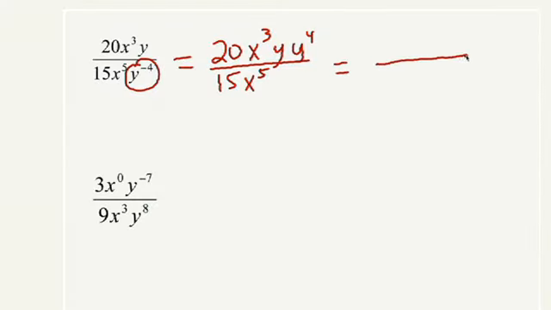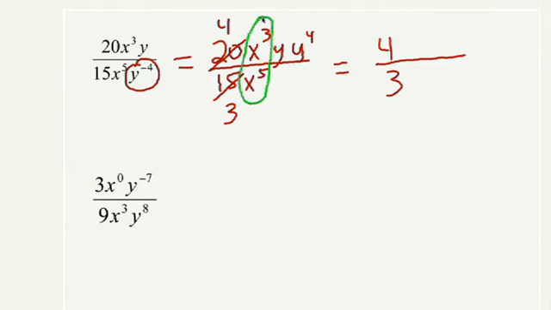Here's my fraction bar. A good common denominator, or a greatest common factor for 20 and 15 would be 5. 5 goes into 20 4 times. 5 goes into 15 3 times. So in my final answer, there's going to be a 4 up here and a 3 down here. Now I'm just going to look at the x's.